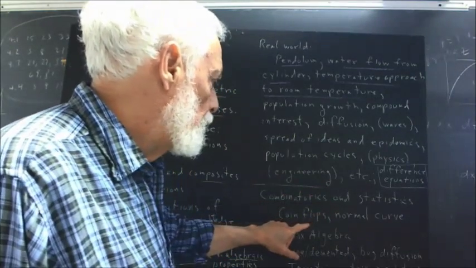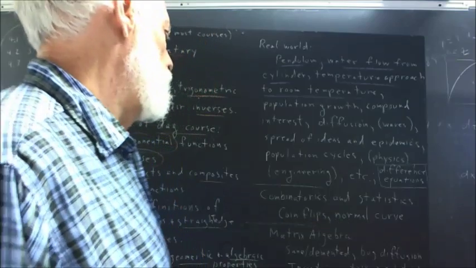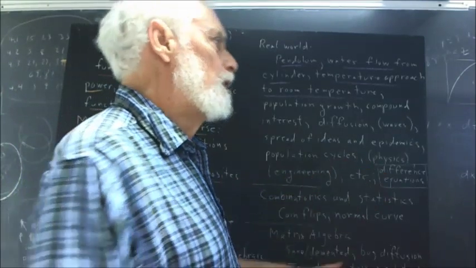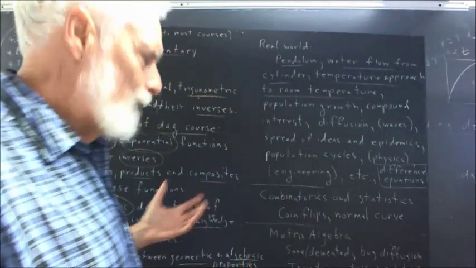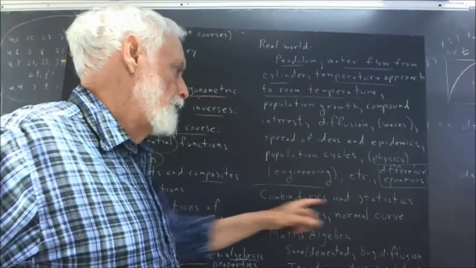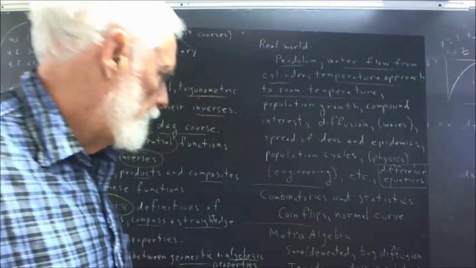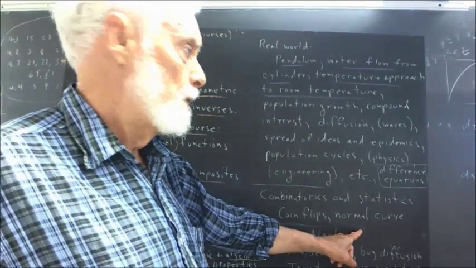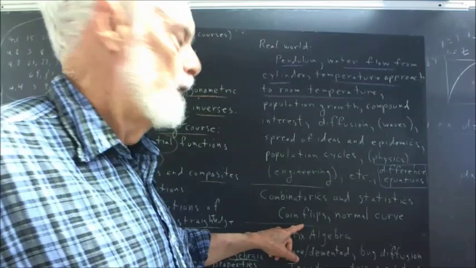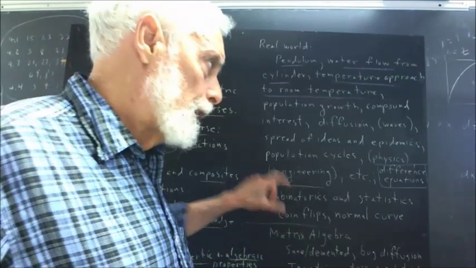Okay, then with coin flips and normal curves, I'm not going to detail the definition of combinatorics or statistics, but we construct a normal curve based on the histograms we get from analyzing coin flips.